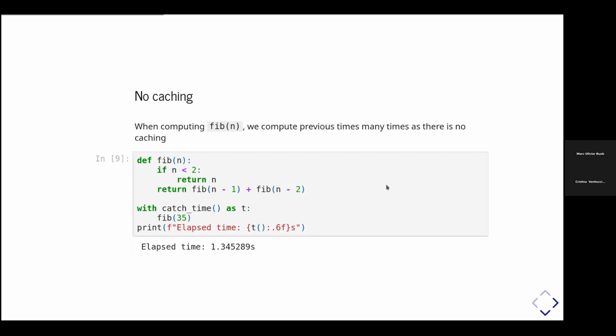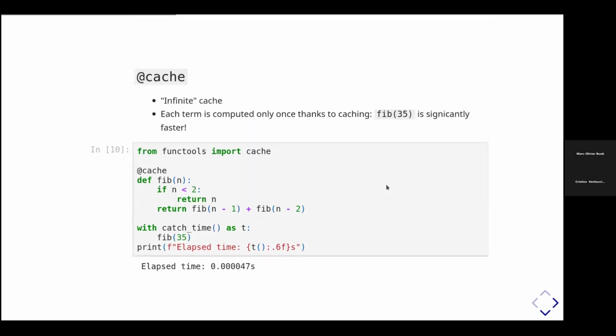Now, if I save the intermediate results using the @cache decorator, it will implicitly enable a way for fib to memorize the intermediate terms that are computed during the computation. And so you can see that this is significantly faster. Before it was about 1 second. Here we are significantly faster.